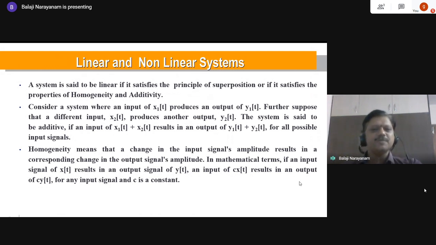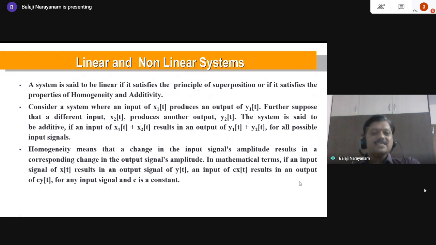The system is said to be additive if and only if, when we add both the input signals, x1 of t plus x2 of t, and apply this as an input signal to our system, we get an output as the sum of the two outputs, y1 of t plus y2 of t, for all possible inputs.